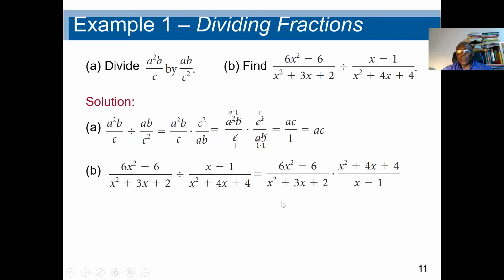Here I can see that 6 is common. And here most likely I can factorize the trinomial: 2 times 1 is 2, 2 plus 1 is 3. So I'll get s plus 1 multiplied by s plus 2. Here I'll get 6 outside, s squared minus 1. s squared minus 1 is the difference of two squares. It will be s plus 1, s minus 1.